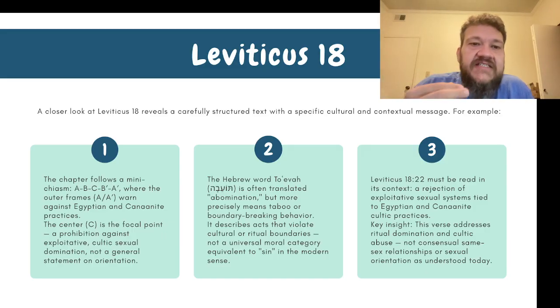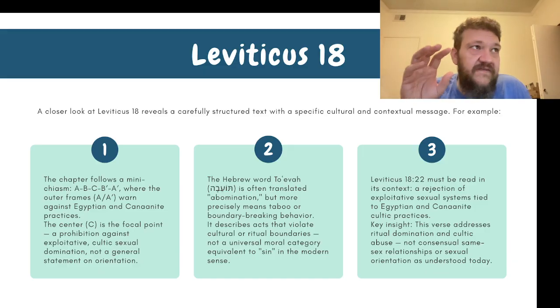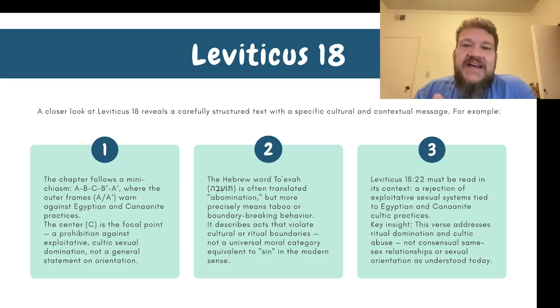Now the center isn't about sexual orientation. Nowhere in the middle of Leviticus 18 does it mention sexual orientation the way we think of sexual orientation. It is about rejecting exploitative, hierarchical, domination-based sexual practices that were common in the surrounding nations. And that's where Leviticus 18:22 appears.